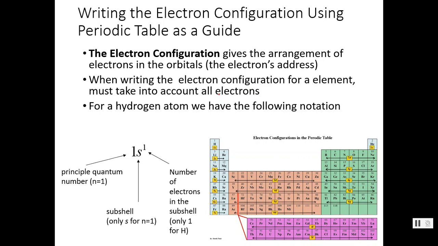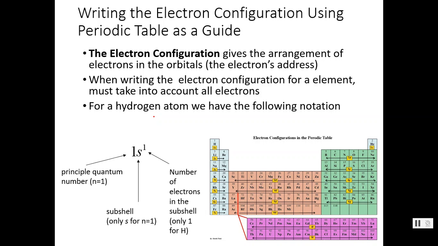A few things to note. When you write down the electron configuration for an element, you need to write down the principal quantum number, you need to write down the letter, and you need to write down the number of electrons in that orbital.